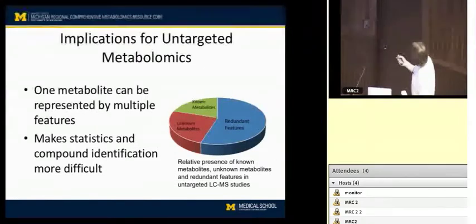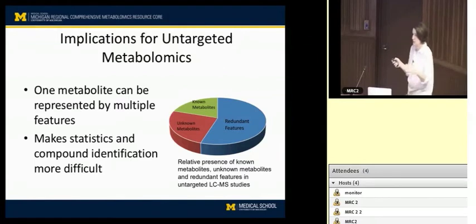So as you have seen, based on that previous slide where we showed that one compound can appear as a sodium, potassium, a dimer, and such, it turns out that in untargeted metabolomics, this can be a big problem, because as much as probably 50 or 60% of the data that's reported out by not just our lab but by other labs may be what are called redundant features.